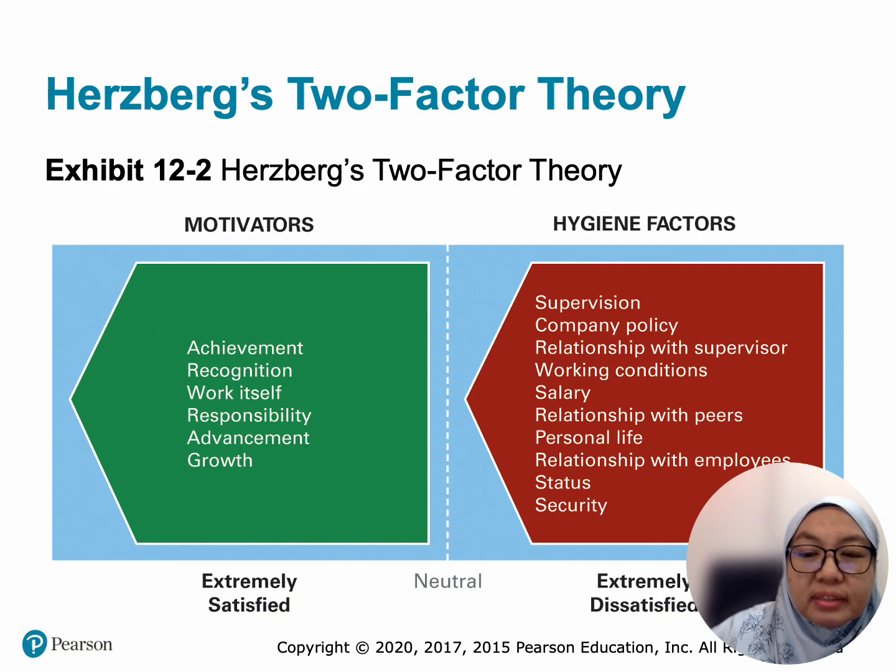So this two-factor theory proposes that intrinsic factors are related to job satisfaction, while extrinsic factors are associated with job dissatisfaction. So the intrinsic factors are the motivators, and the extrinsic factors are the hygiene factors. What does that mean?